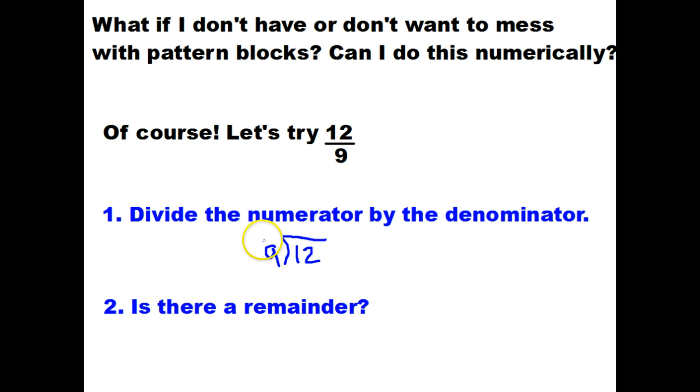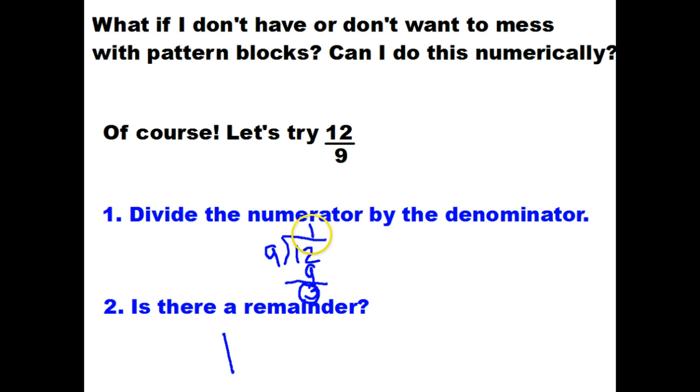How many times does 9 go into 12? Well, it goes in 1 time. 1 times 9 is 9. Subtract. 3 is less than 9, so I'm definitely done with the division part. Step 2 is to ask yourself, is there a remainder? And in this case, there sure is. It's this 3 right here. So what do I do with it? Well, that's what's left. I have 1 whole. See this right here? I could take 9 out 1 time.